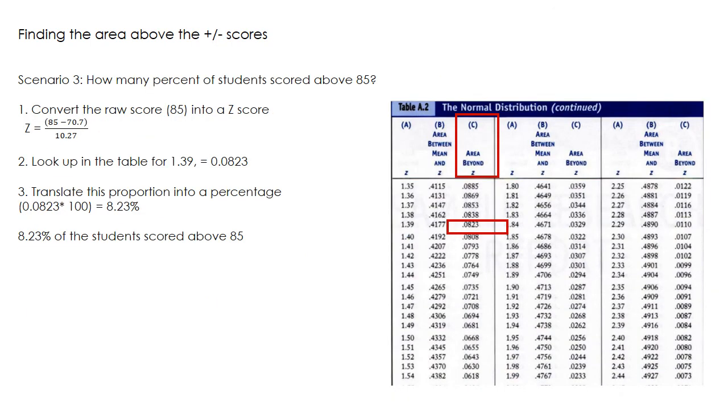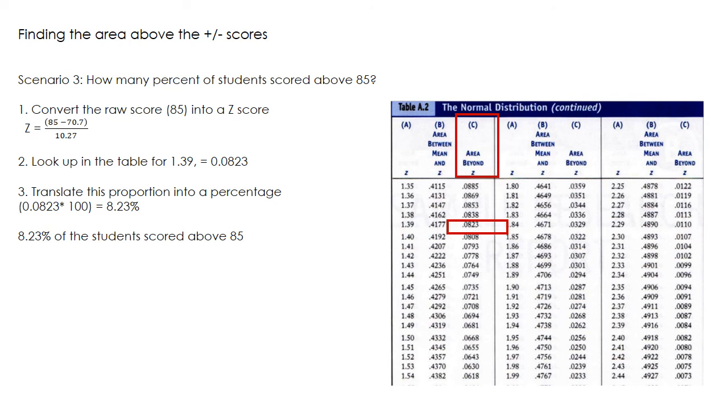And the third one is finding the area above or below a particular value. Let's say that you are interested in studying how many percent of the students actually scored greater than 85.